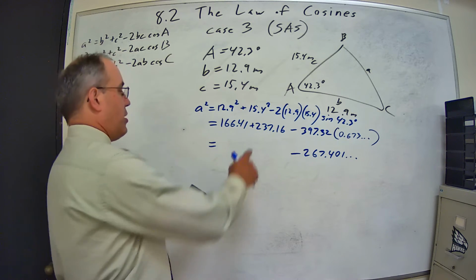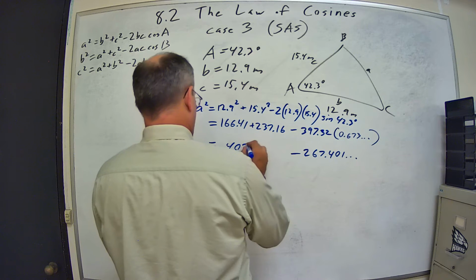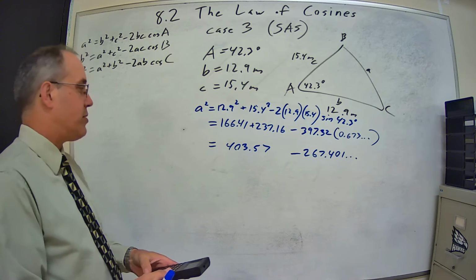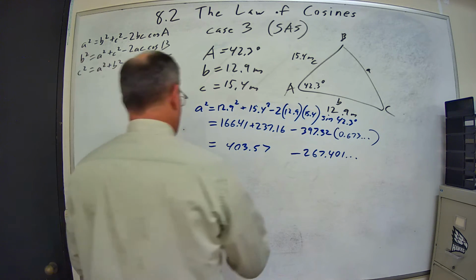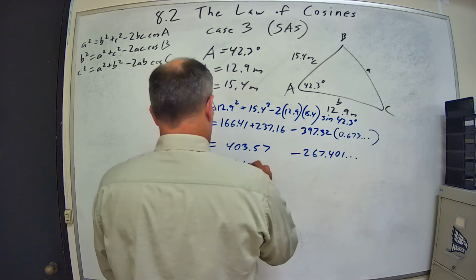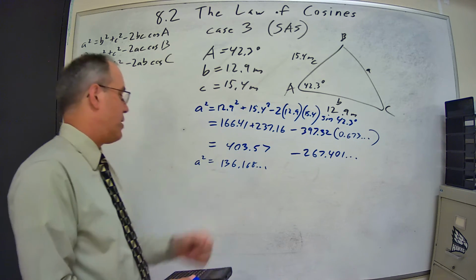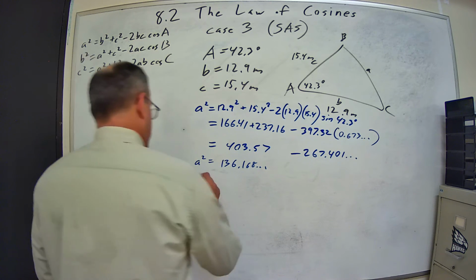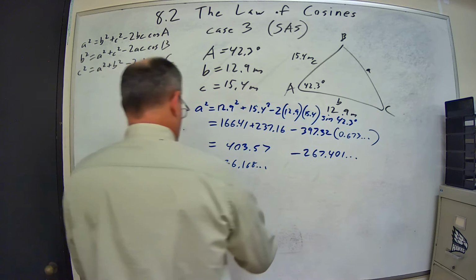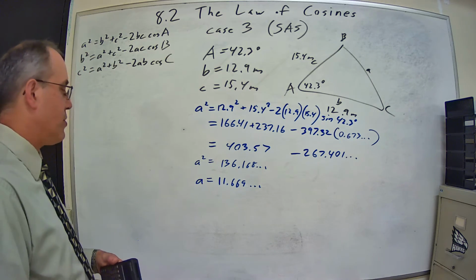166.41 plus 237.16 gives you 403.57. And now if I subtract, I find that a squared is equal to 136.168, etc. Continuing on, a is equal to the square root of that, which is 11.669, whatever it happens to be.